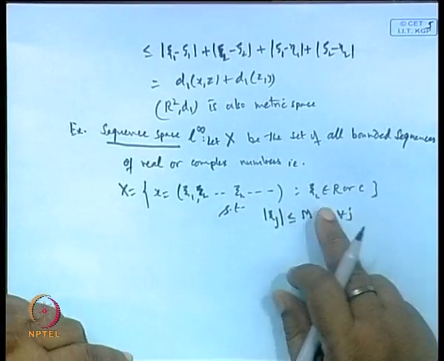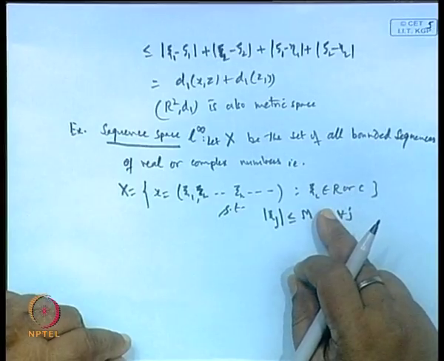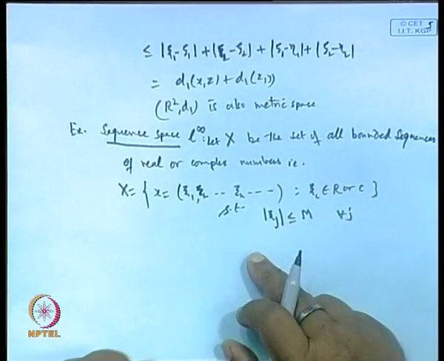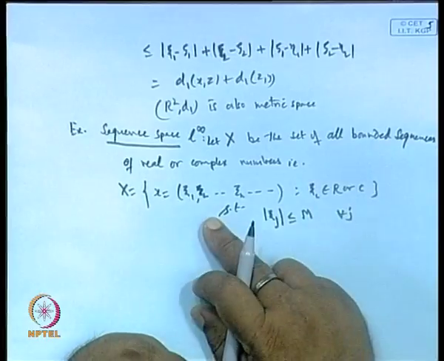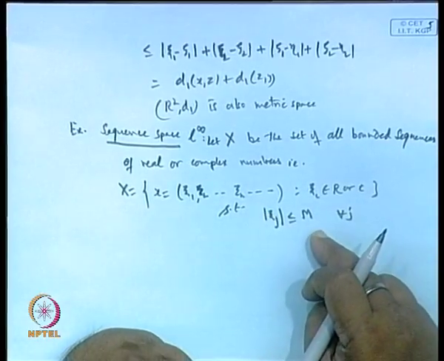That is, the set of all infinite sequences which are bounded, that is, each element is less than or equal to m.